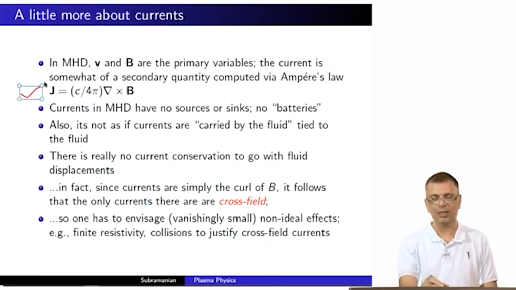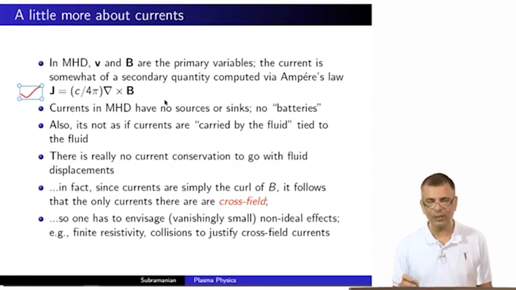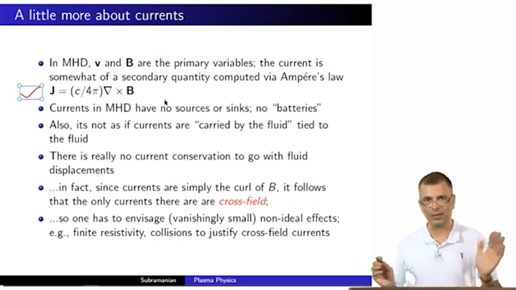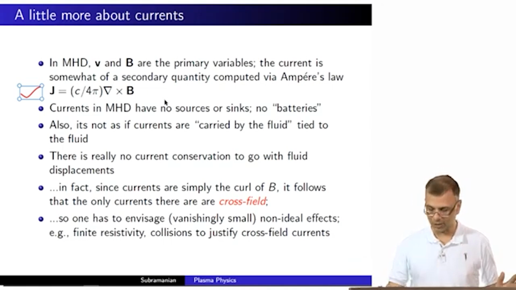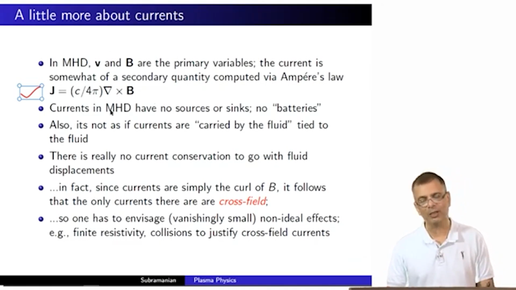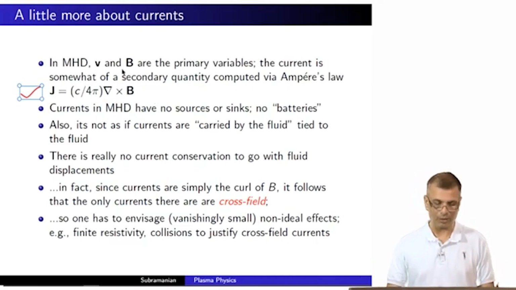I simply say that the current density is just this equation, so it's simply a proxy for curl of B. That is it, and there's no need to discuss any more. So these are some of the strange things about current density in MHD. I thought it was worth spending some time talking about it.